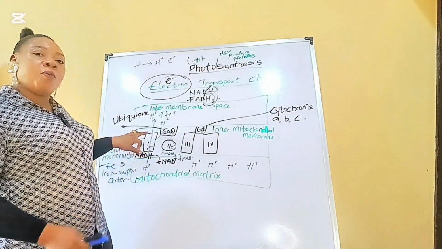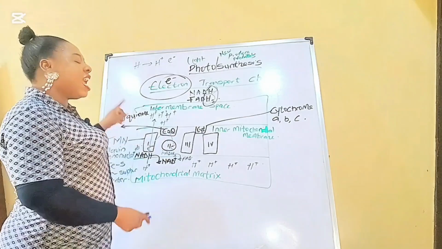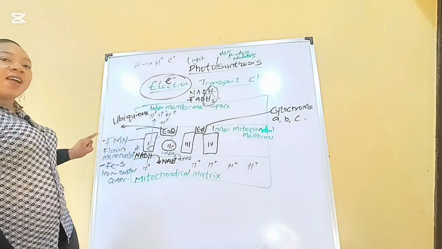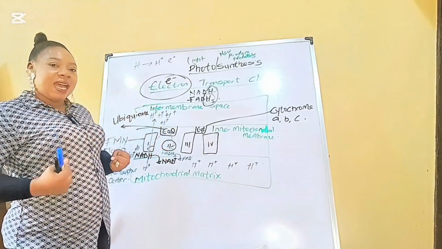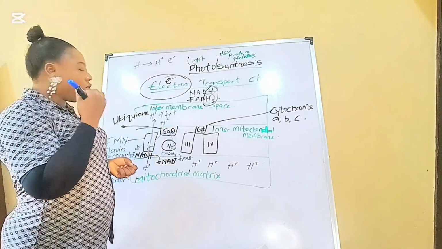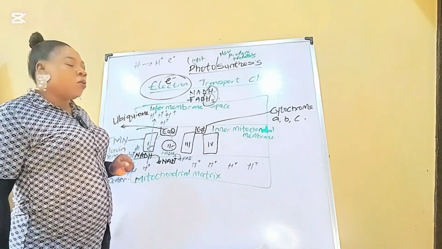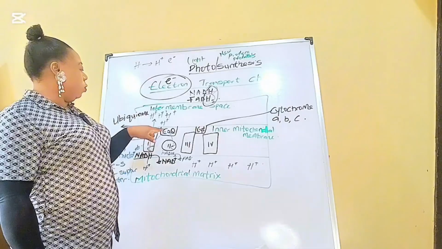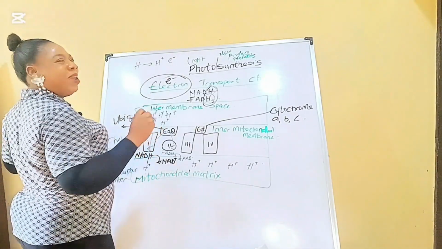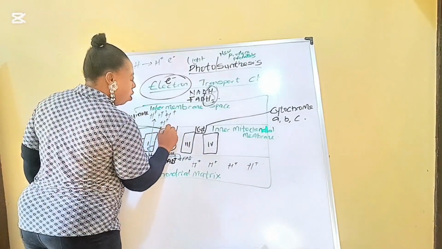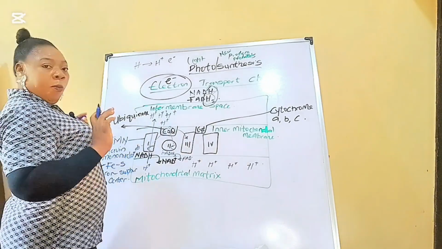So the electrons in complex 1 and complex 2 enter into the ubiquinone through the electron acceptors, which are the flavin mononucleotide and the iron sulfur center. Those are the ones that help us accept the electron first. They then carry the electron and put it into the ubiquinone. So ubiquinone will carry these electrons and pass them to complex 3. I hope you are following me.